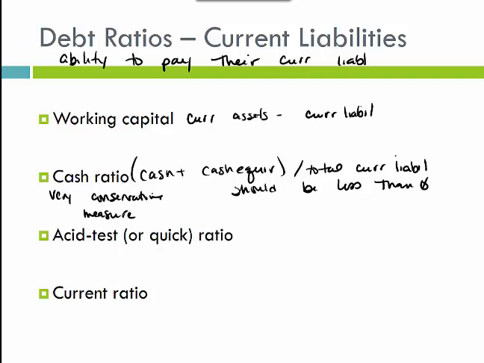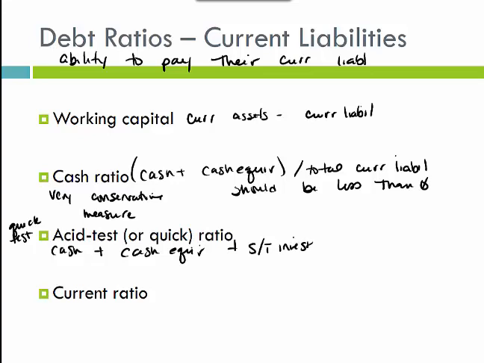The acid test, or the quick ratio, it's also called the quick test. Those are all different names that mean the same thing. It's a very common one. You take the cash plus the cash equivalents plus any short-term investments they have.